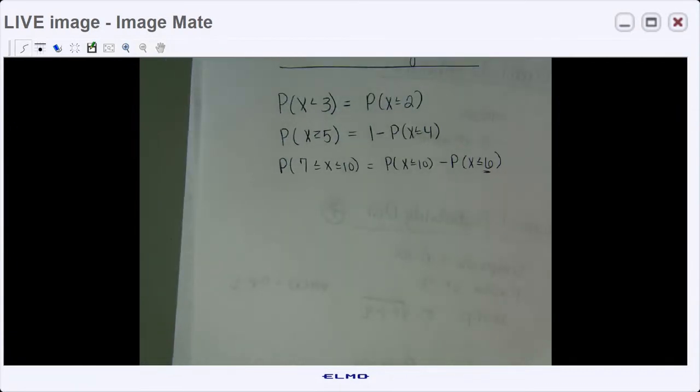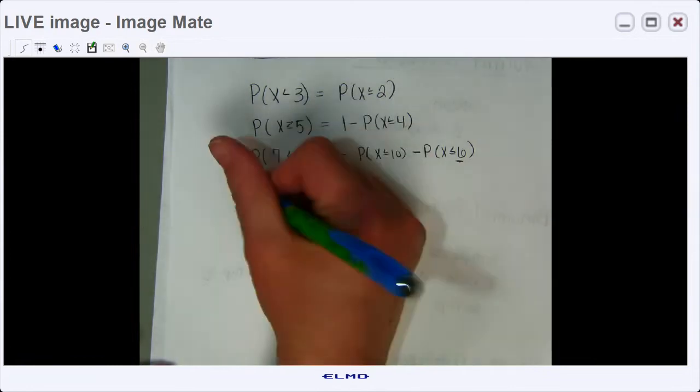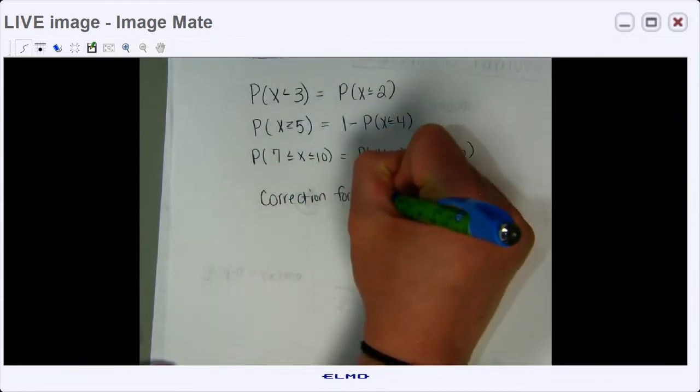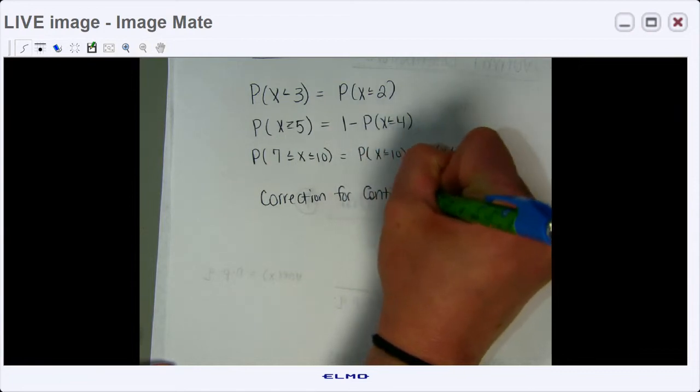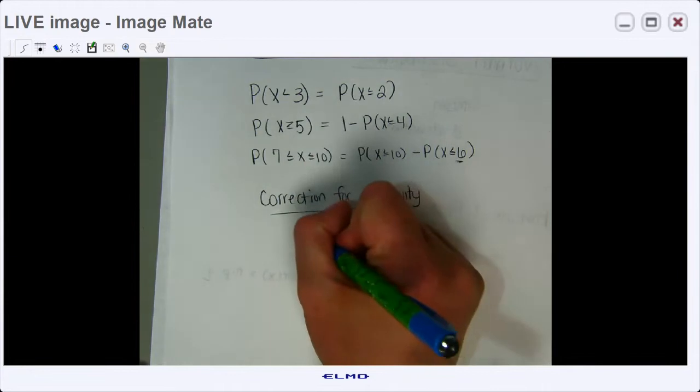The other issue that I have seen that most are not doing with putting the binomials into StatCrunch is doing what's called a correction for continuity. And we have to do this because binomial probabilities are discrete. They're not continuous. And so we need to be able to get as close to the value as possible. And so we do what's called a correction for continuity.